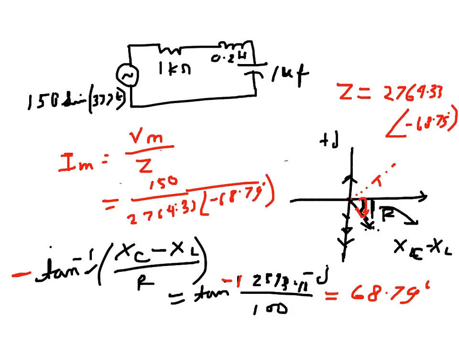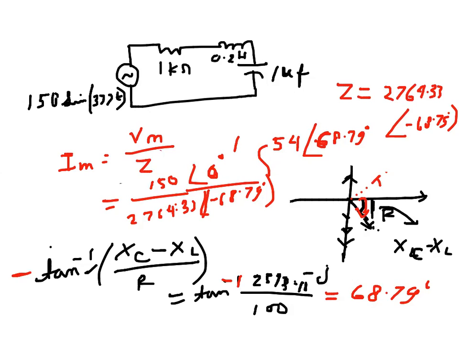This current we calculated in the last video: the amplitude is 54 milliampere, and the angle, since the voltage is 0 degrees, is 0 minus minus 68.79, so 68.79 degrees.